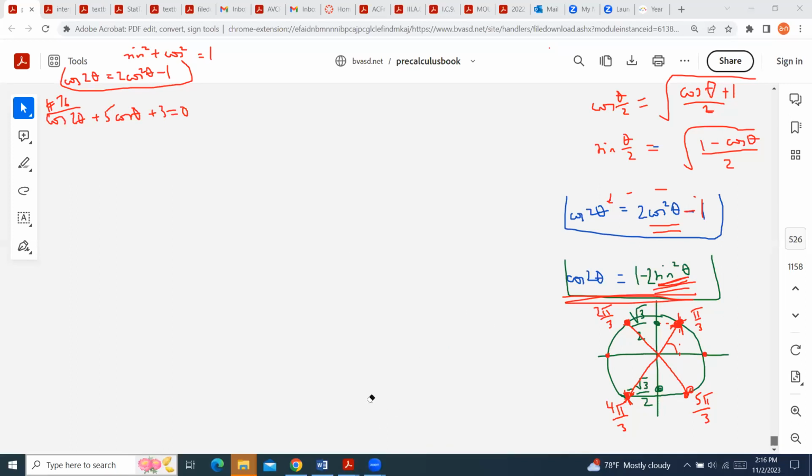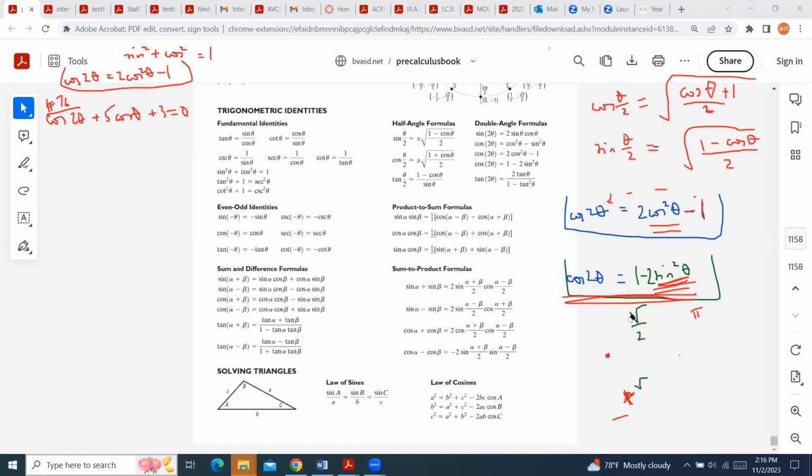Okay, so I need to see cosine of double angle, and it's way on the right. It looks like the one that I have here for you, 2 cosine squared minus 1, is exactly the one that I'm using. Now that's a good start, because if you start using the wrong formula, then it's a bad start.